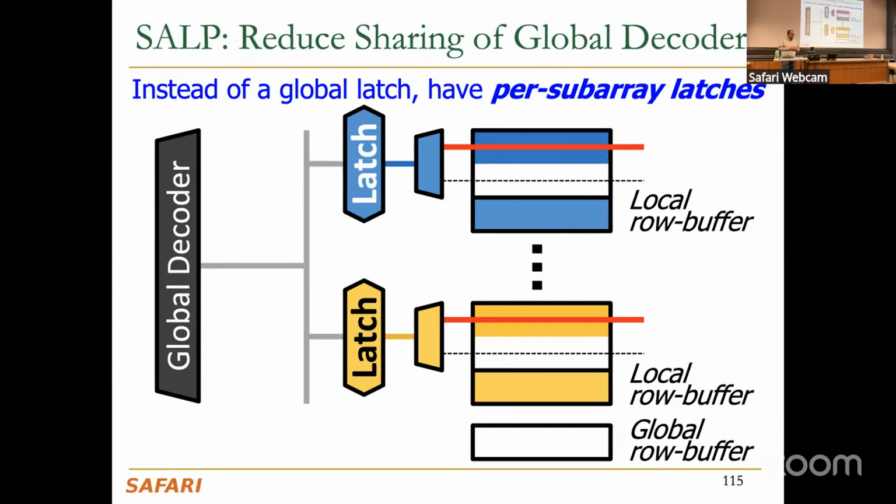So normally, only one local row buffer is in an activated state, and you can connect it to the bank I/O. However, in this scenario, you might have multiple local row buffers that are valid and need to communicate with the global bank I/O.